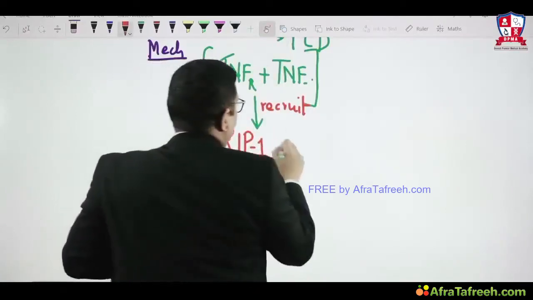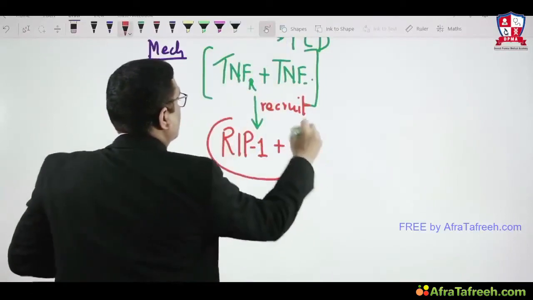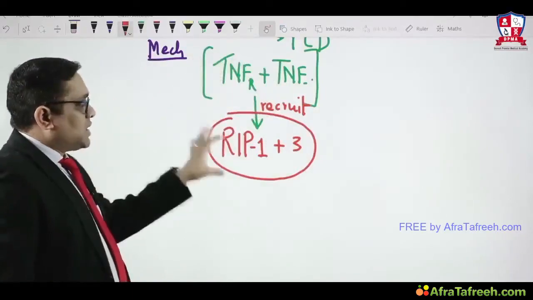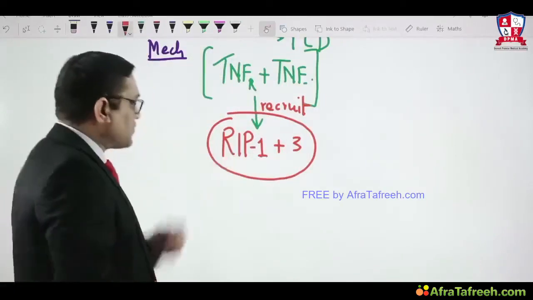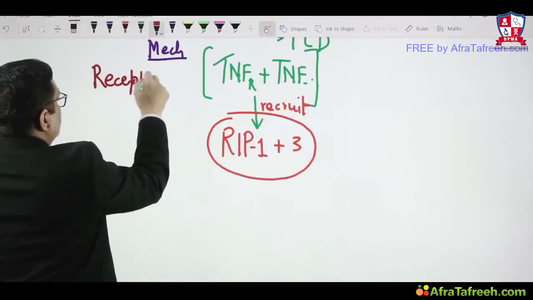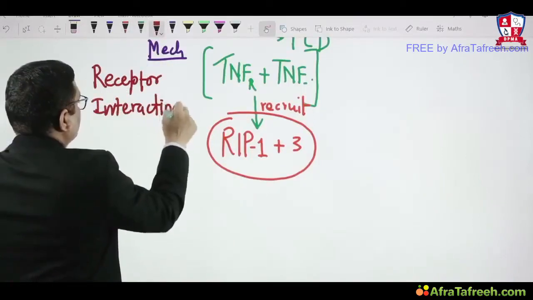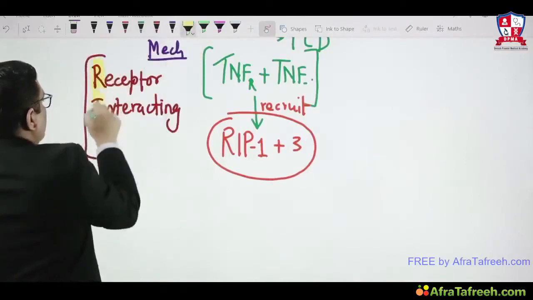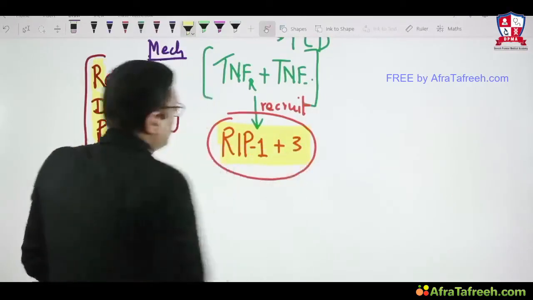These are the two proteins which will be recruited by tumor necrosis factor. So when tumor necrosis factor combines with its receptors, RIP1 and RIP3, two important proteins, will appear in the cytoplasm. RIP stands for receptor interacting protein. This is the full form of RIP, right? Receptor interacting protein 1 and 3 will be recruited.